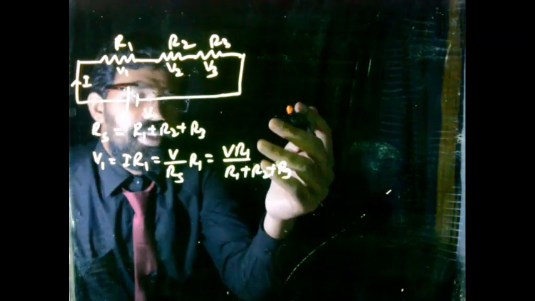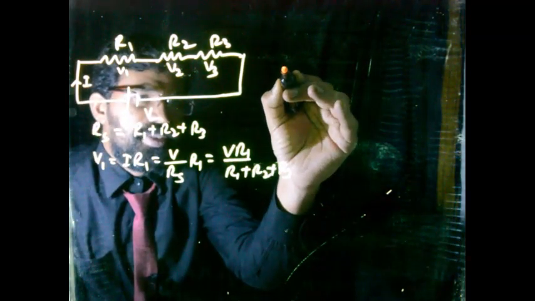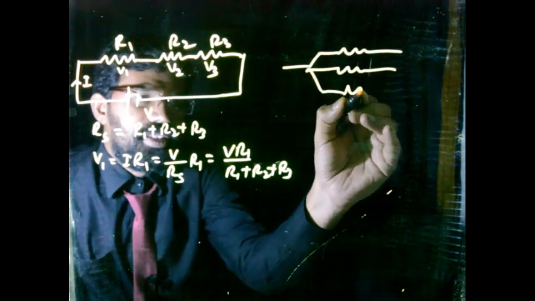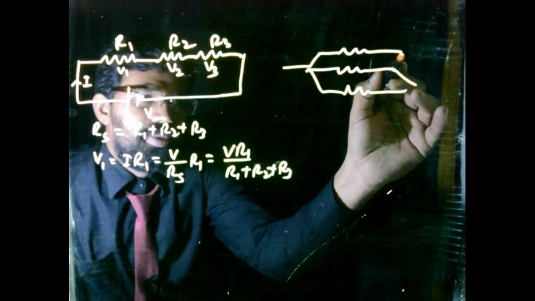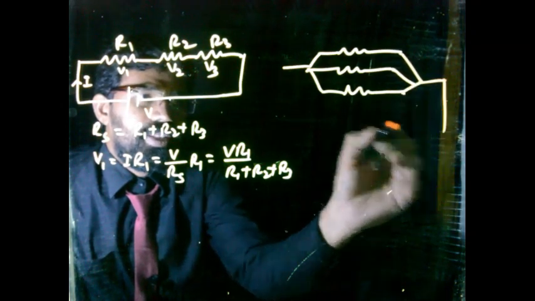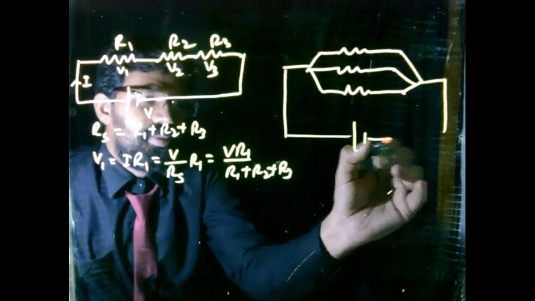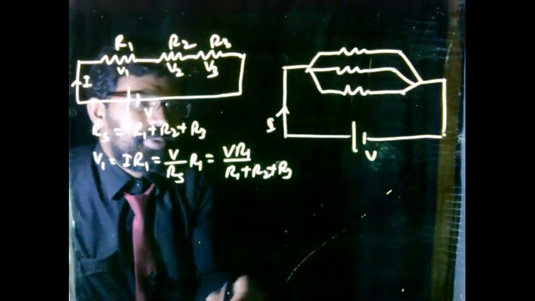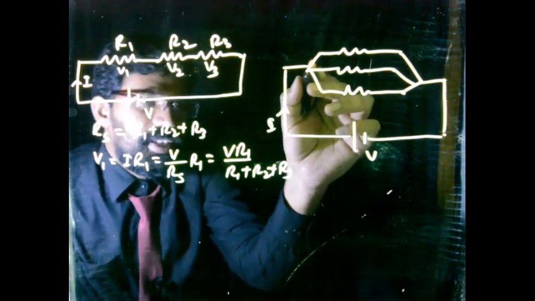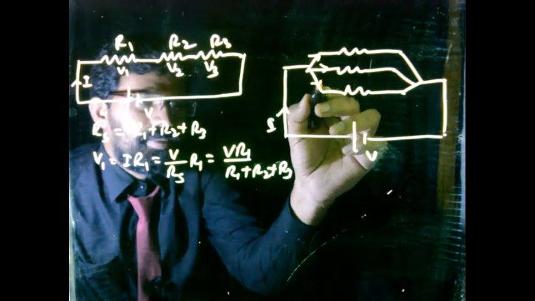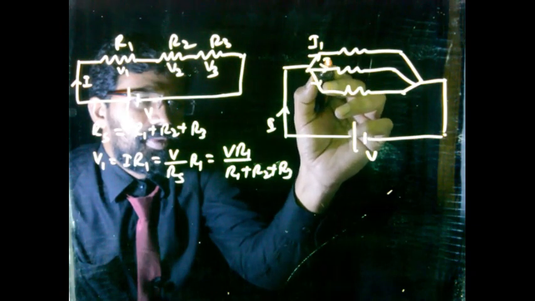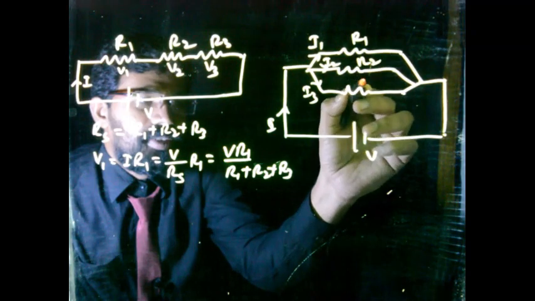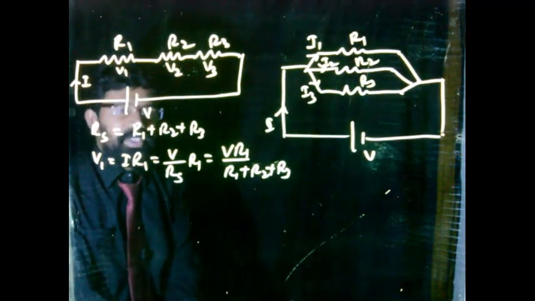In connection with the parallel combination, let us see. Three resistances are connected in parallel, and we will assume a potential V is supplied and a current I passes through the circuit. This current gets bifurcated into three parts, I1, I2 and I3, through R1, R2 and R3.